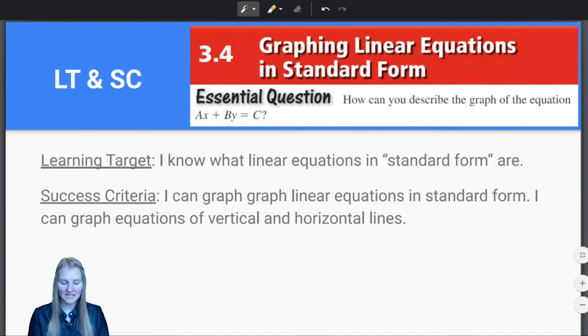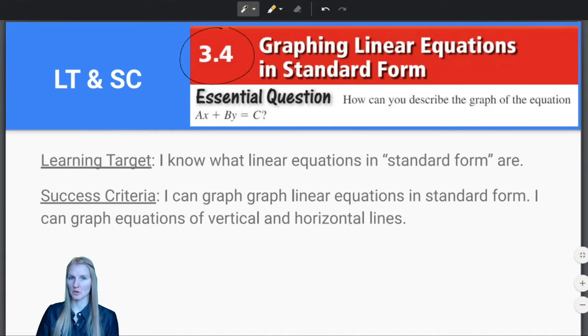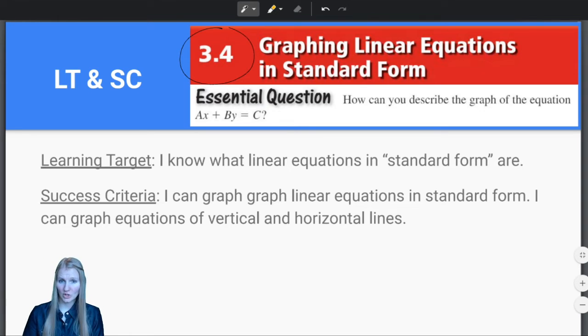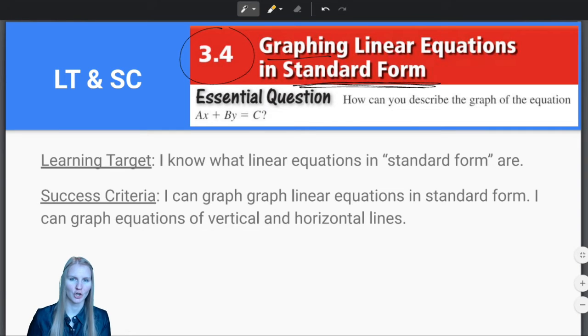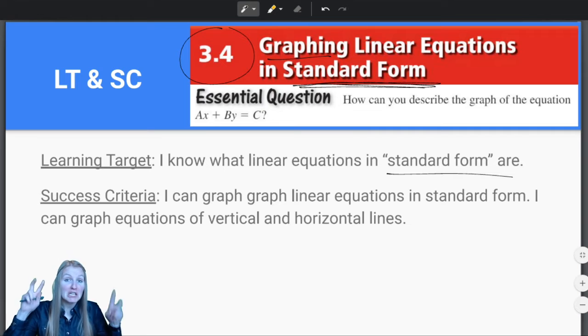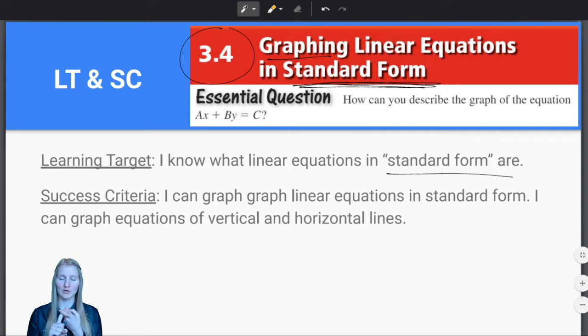Today, we start our work on section 3.4, which is actually about graphing linear equations in standard form. So, our learning target is that you know what a linear equation in standard form is. So, you're going to learn what standard form is and what linear equations in standard form look like.